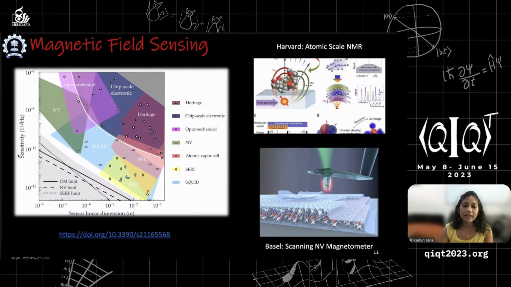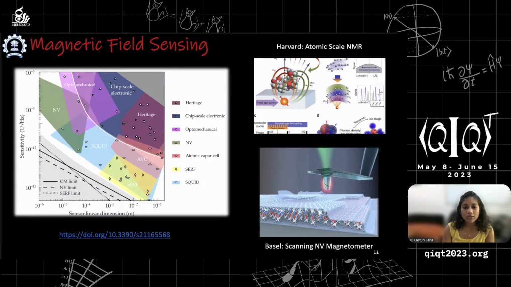So there are different applications that one can use for all these different kinds of sensors. And of course, there's a lot of push towards developing portable sensors with NV centers and atomic vapor sensors, and they have various applications, for instance, in oil and gas sensing and anomaly sensing.